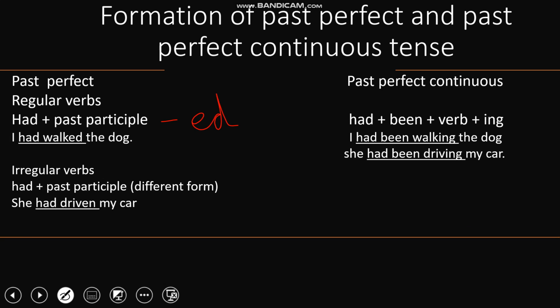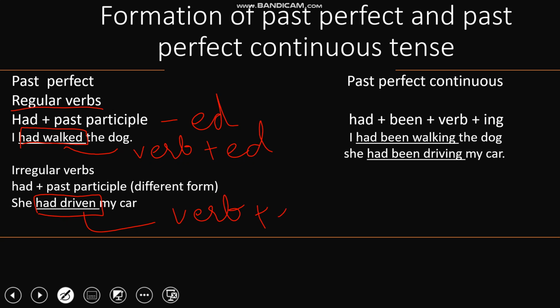First, let us look at the first example of regular verbs. I had walked the dog. Here you notice that the walk plus ed form of the verb has been used. Whereas in an irregular verb, look at this sentence. She had driven my car. You can see an en form, right? So this is the difference between a regular verb and an irregular verb usage of past perfect tense.